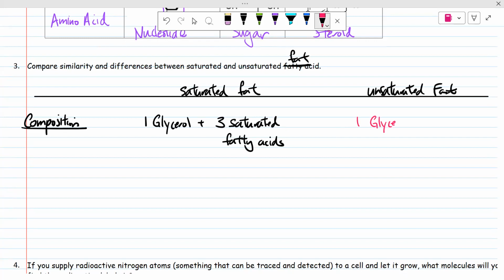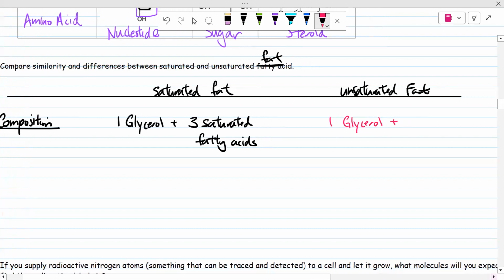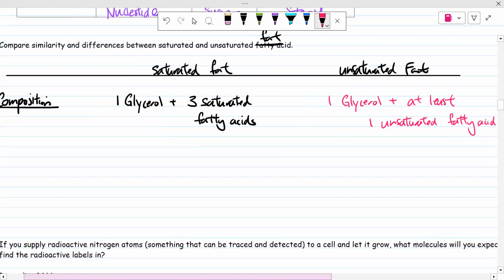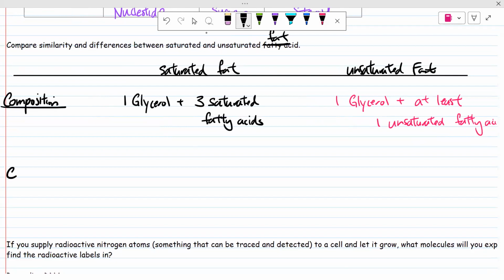This one is 1 glycerol plus at least 1 unsaturated fatty acid. Okay, let's take a look at the carbon and hydrogen.